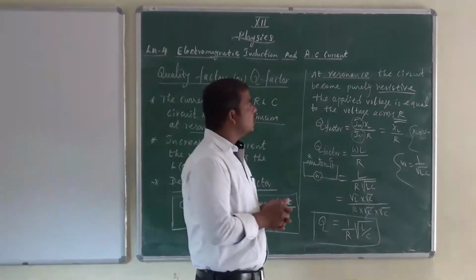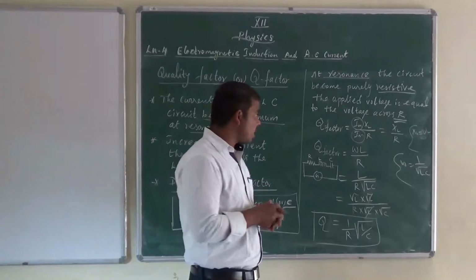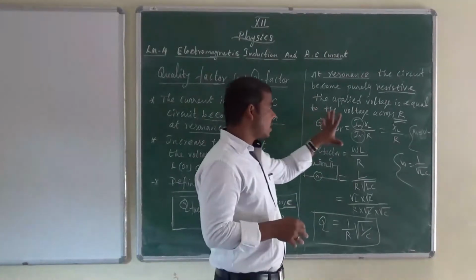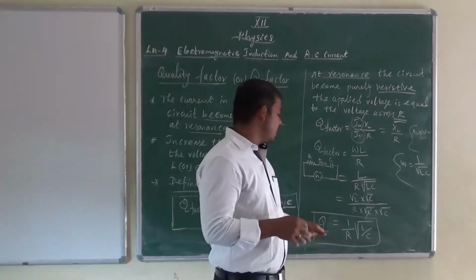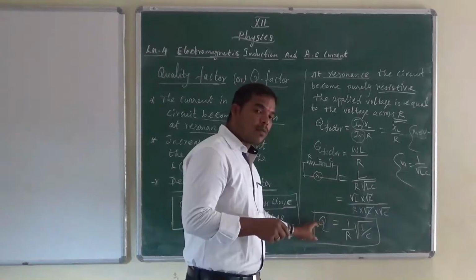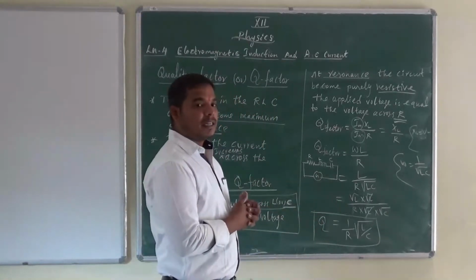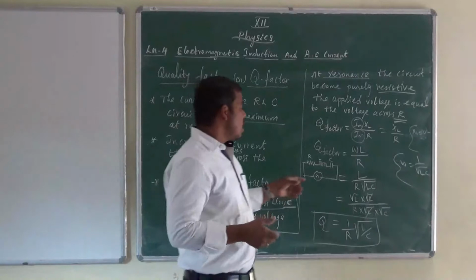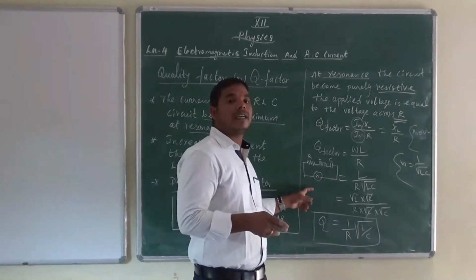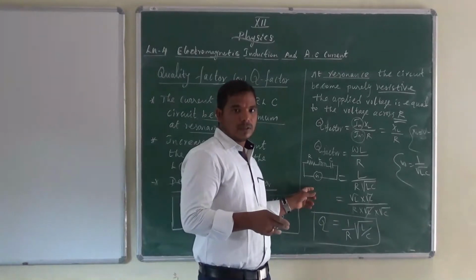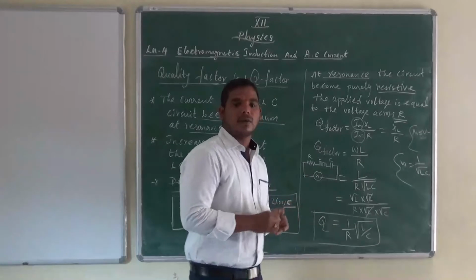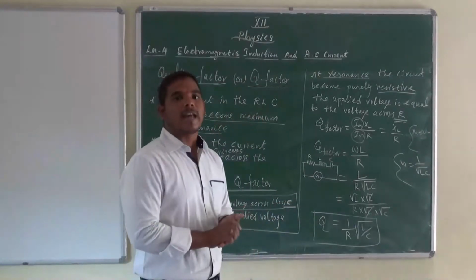The applied voltage is equal to the voltage across R. We can use the mathematical equation, solve it and get the final equation Q is equal to 1 by R root of L by C. The physical meaning of quality factor is given by the number of times the voltage across L or C is greater than the applied voltage. Okay. If you have any doubt, please ask me.